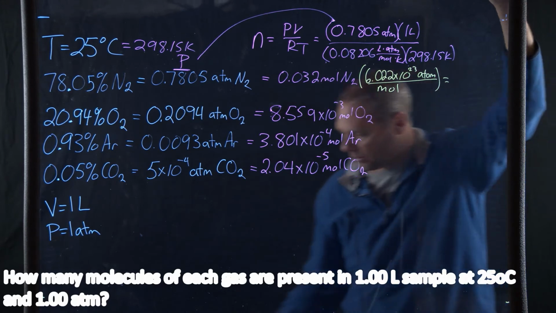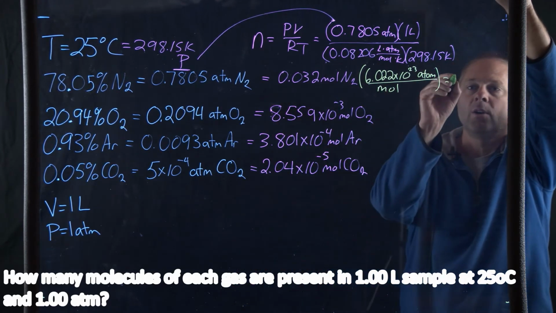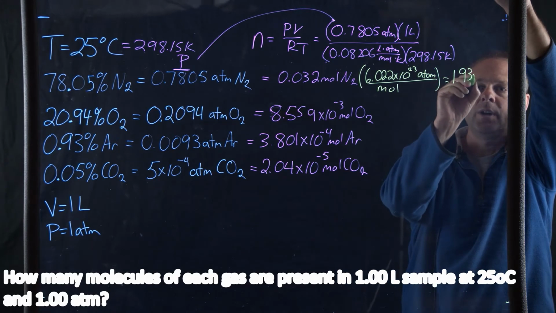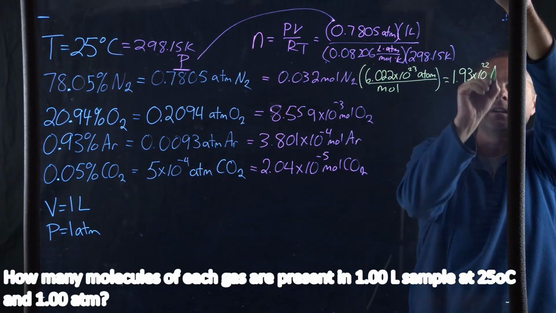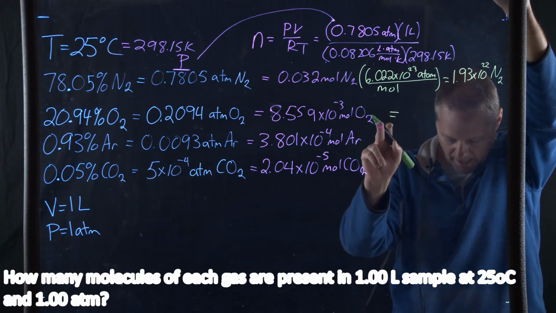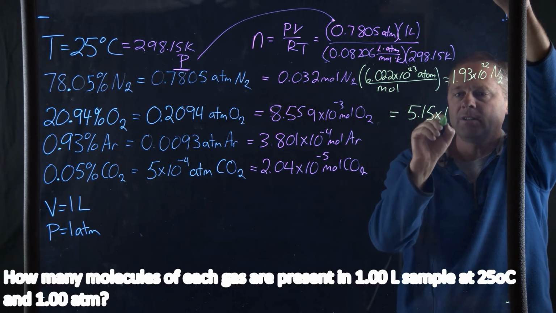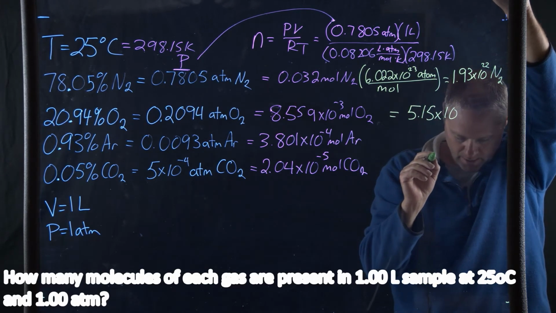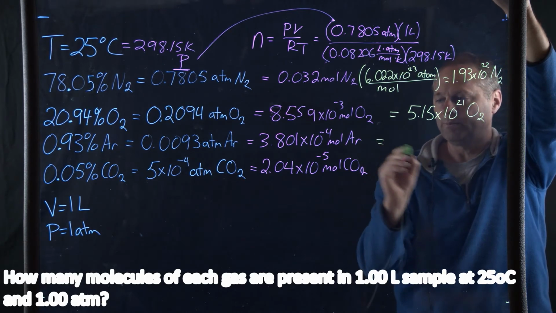And if we do that arithmetic, what we end up getting is 1.93 times 10 to the 22nd nitrogen molecules. Once again, we multiply this by Avogadro's number, and we get 5.15 times 10 to the 21st oxygen molecules.